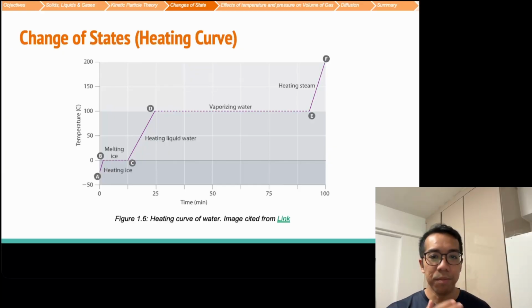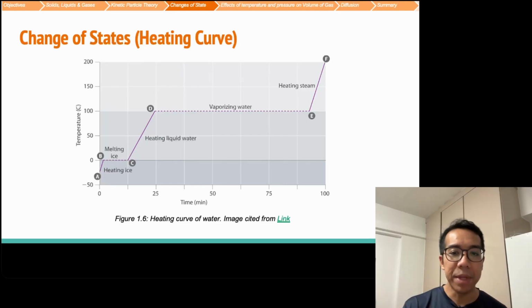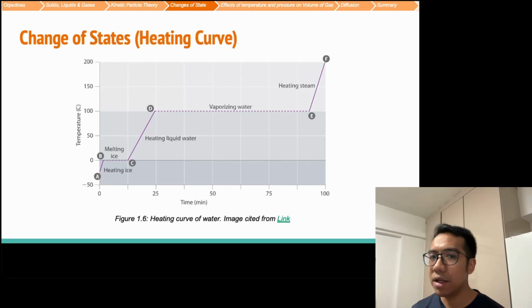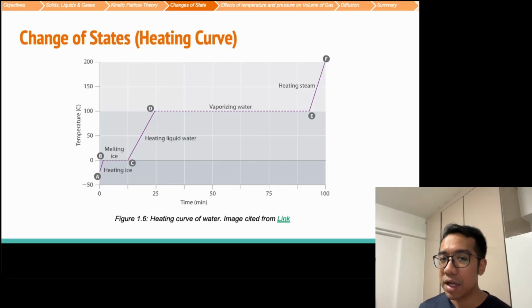You see that horizontal line from B to C and D to E. The key thing you need to remember for all these curves is that the temperature will remain constant until the last bit of the system converts to the next state. So let's take one example.